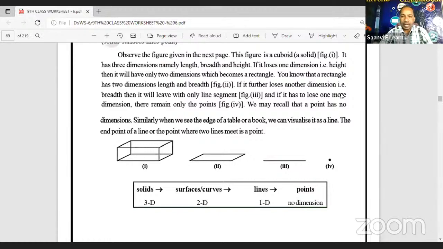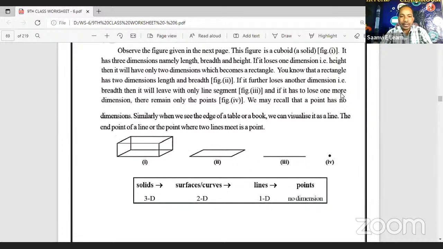Length, breadth, height. From this figure, if one dimension is removed, suppose the height is removed from this cuboid, what will happen? This cuboid becomes like this. It becomes a rectangle.